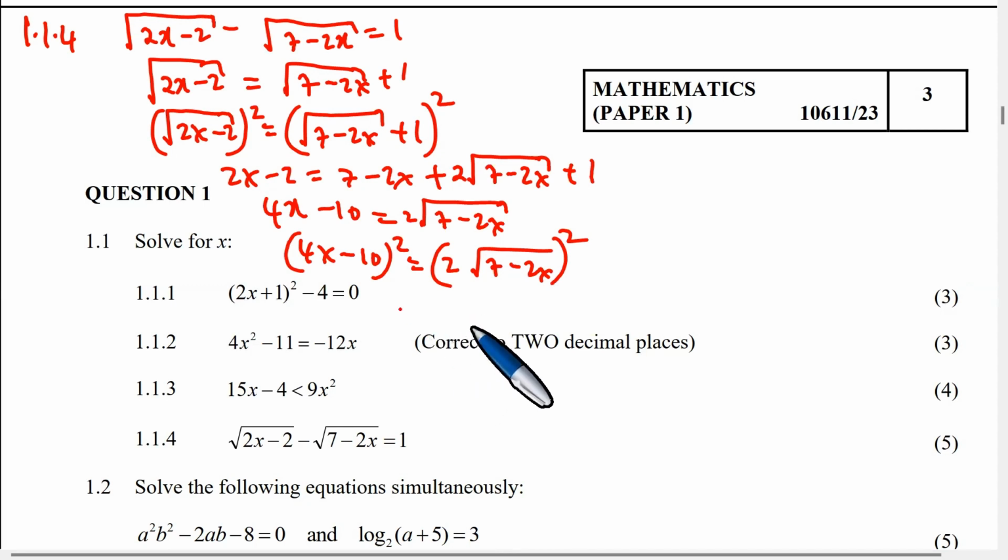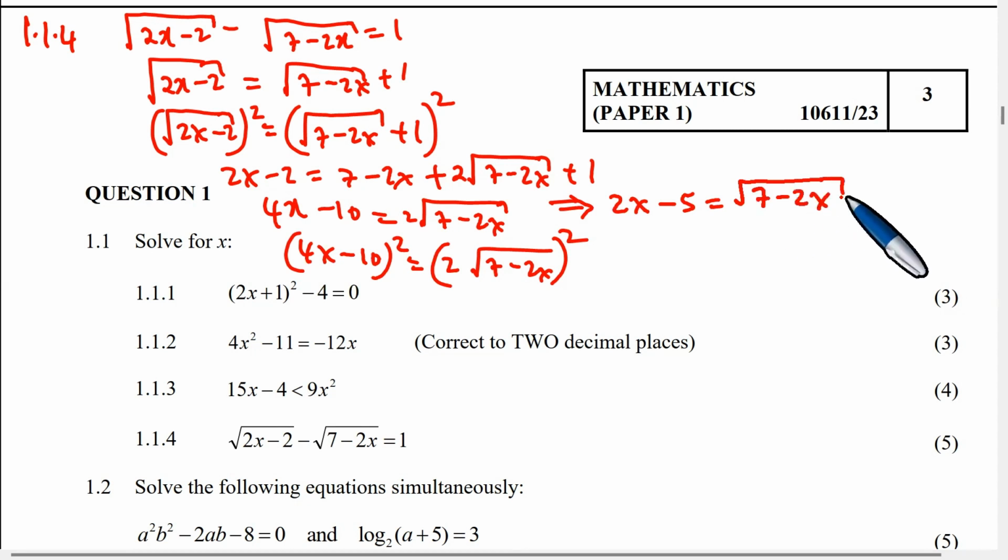You get exactly 4x squared, etc. You could further simplify this here. You divide through by 2, making it 2x minus 5 is equal to the square root of 7 minus 2x.